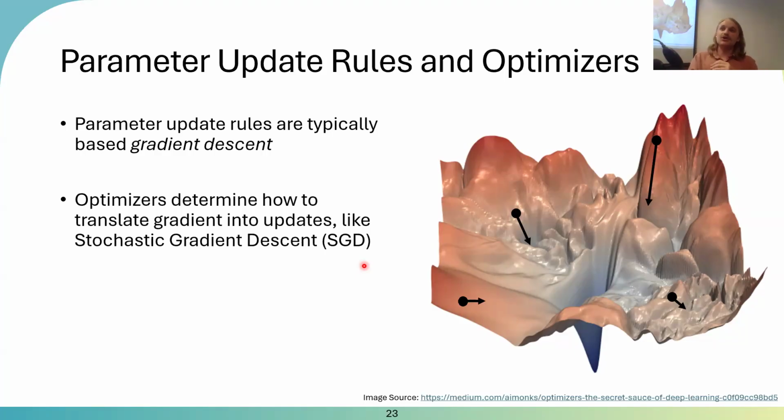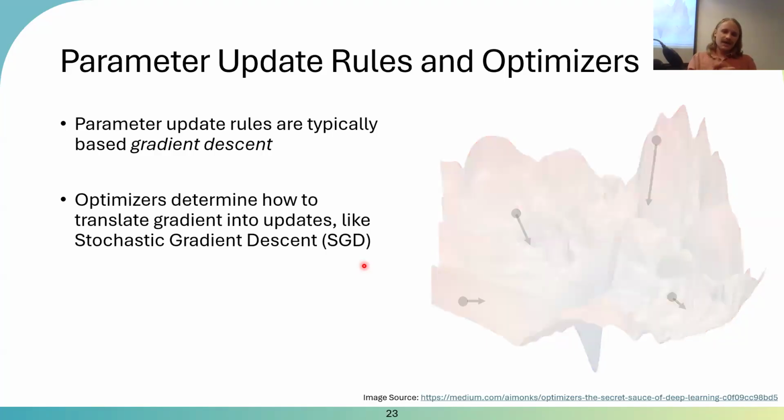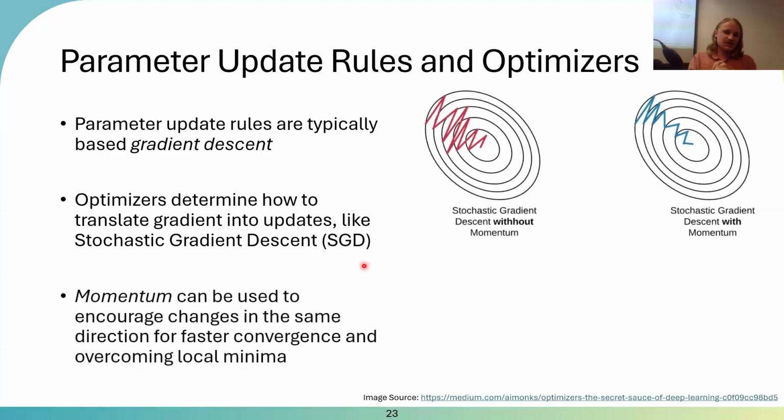There is another aspect you can introduce to your optimizers in order to avoid some of these valleys or troughs that are not the global minimum, and that's by introducing something called momentum. This gives you two effects that can be very helpful. The idea behind momentum is that it accumulates over time.